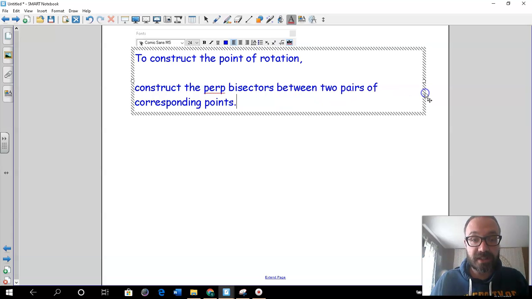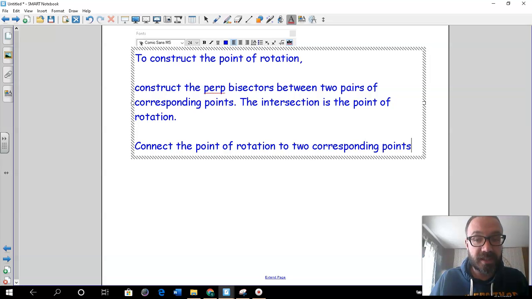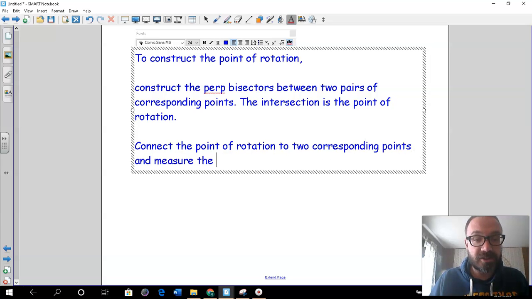The intersection is the center. Then connect the point of rotation to two corresponding points and measure the angle of rotation.